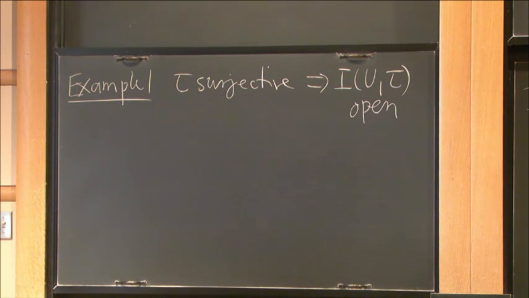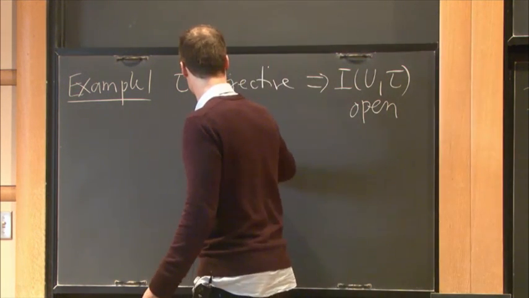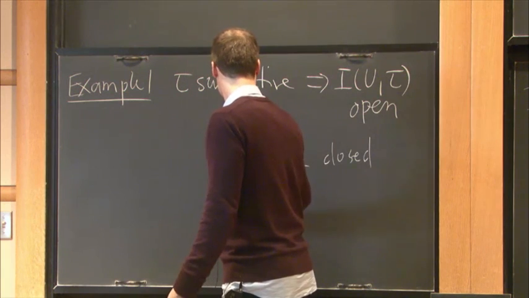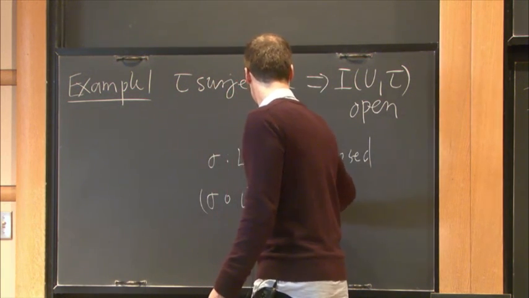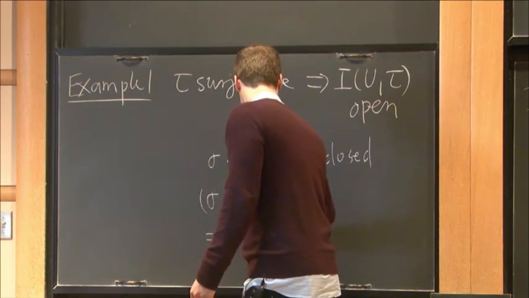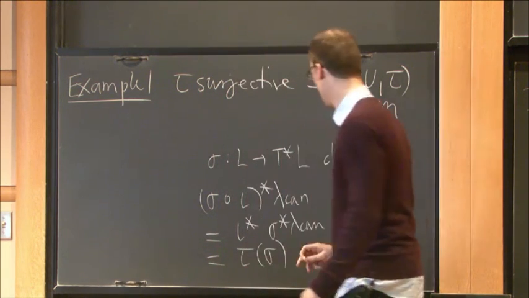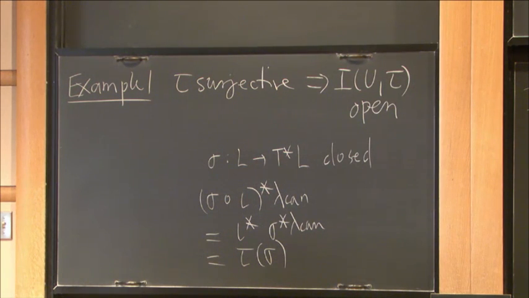And if you translate by a closed one form, then I just get, so this Lagrangian embedding has this period, and if tau is surjective, I get an open neighborhood of the shape of the period.